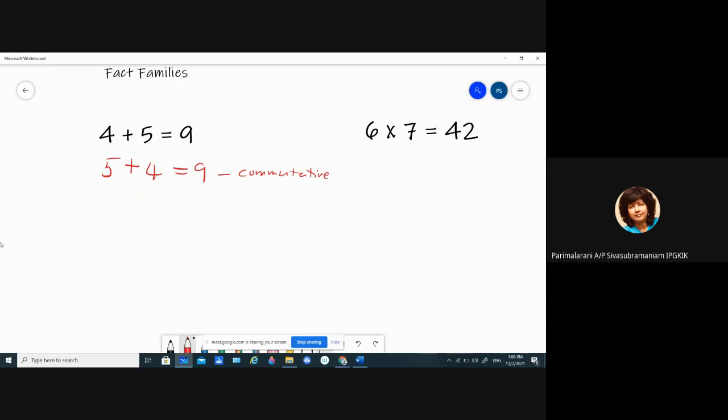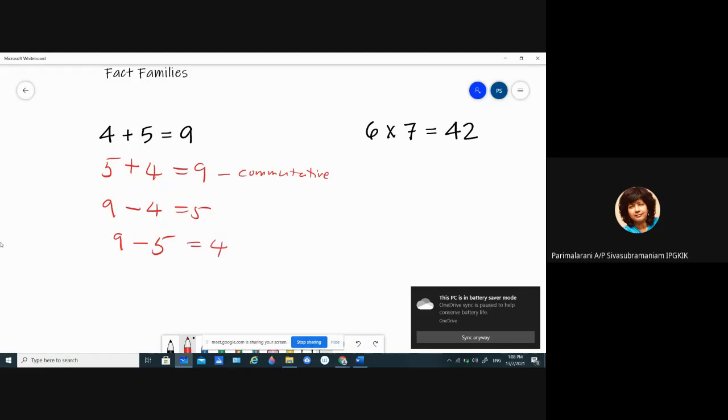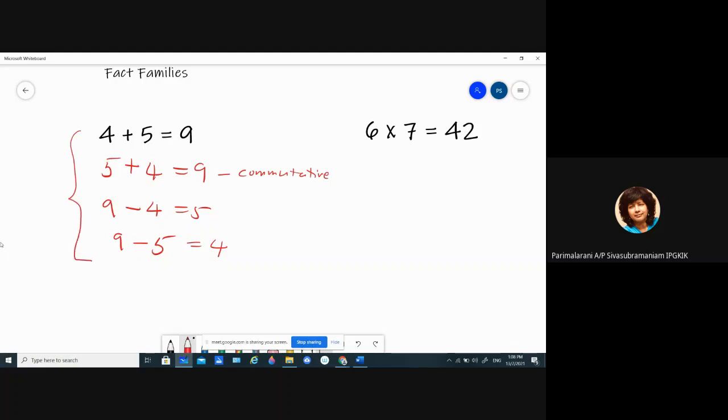So 4 plus 5 is equal to 9. 5 plus 4 is equal to 9. 9 minus 4 is equal to 5. 9 minus 5 is equal to 4. Therefore this is called a fact family.